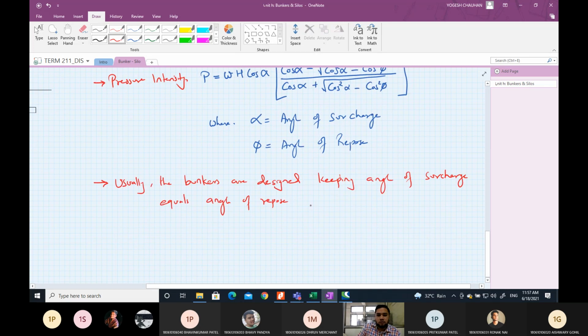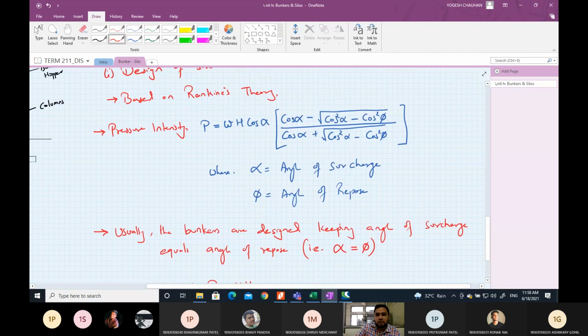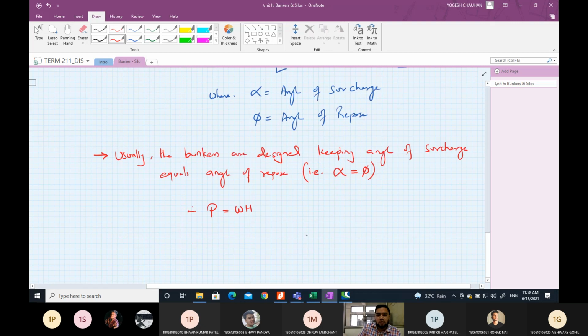So that means alpha is equal to phi. So if you substitute that, your pressure would be W into H, into the numerator and denominator terms cancel, and this ratio will be unity, so it would be W H times cos phi. Okay.